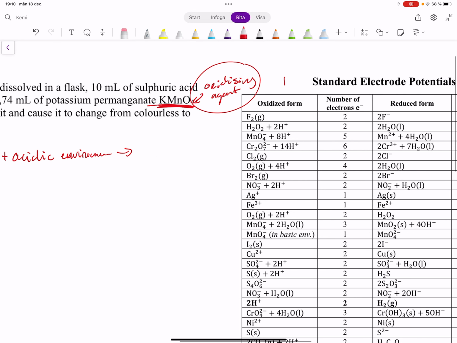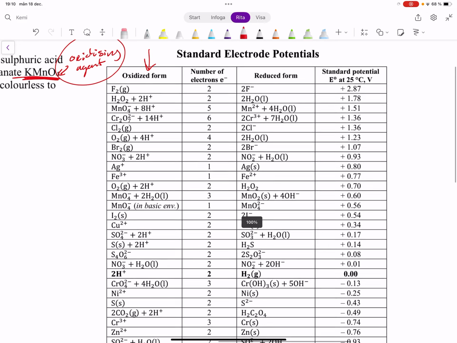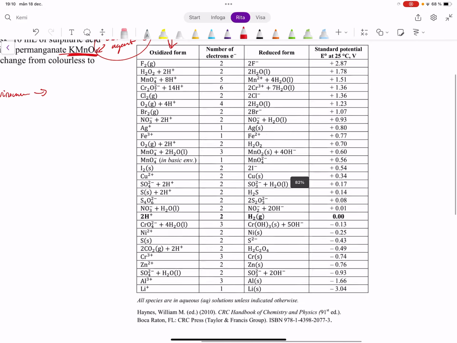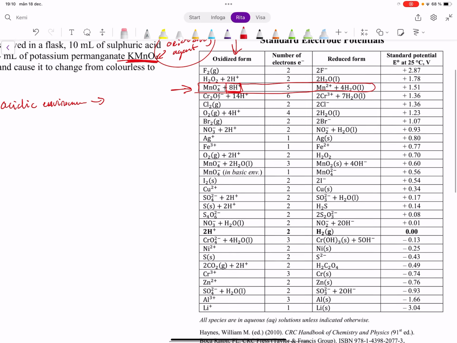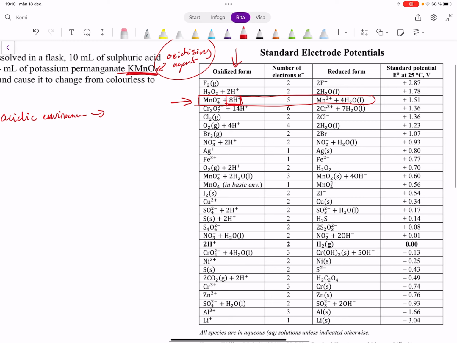So we look at this side of the standard electrode potential table, and because this is an acidic environment, we have to take this whole equation. But had it been potassium permanganate in a basic environment, then we would have taken this one. But anyway, this will be our oxidizing agent.